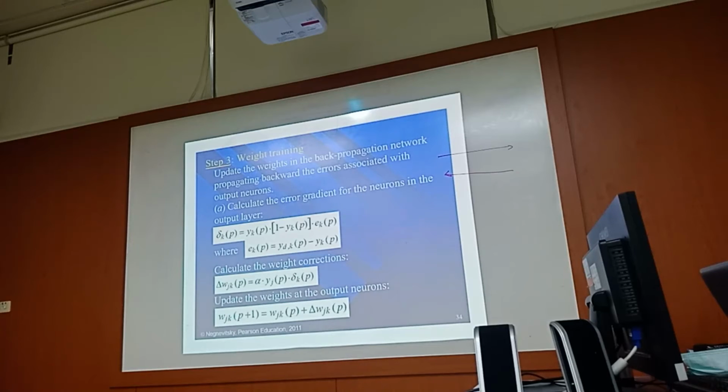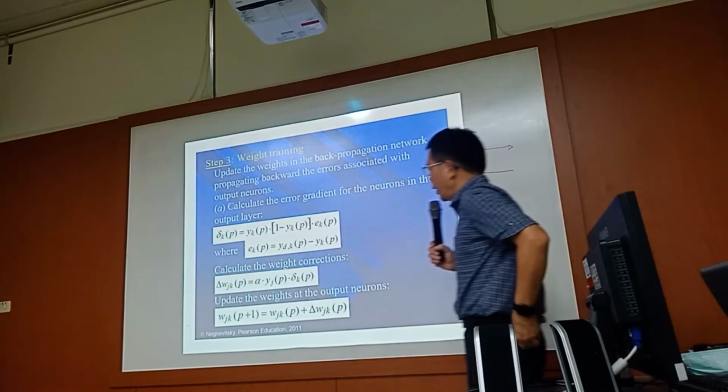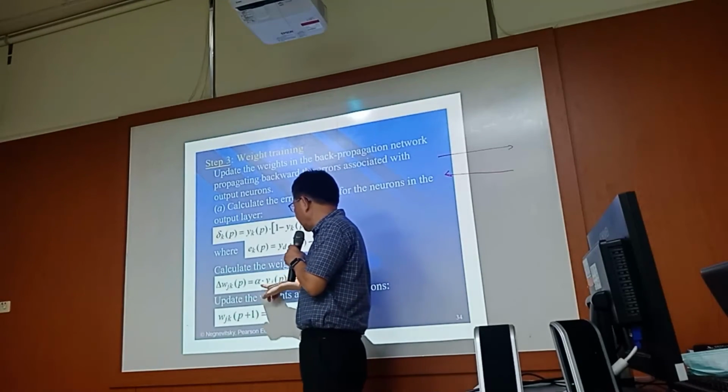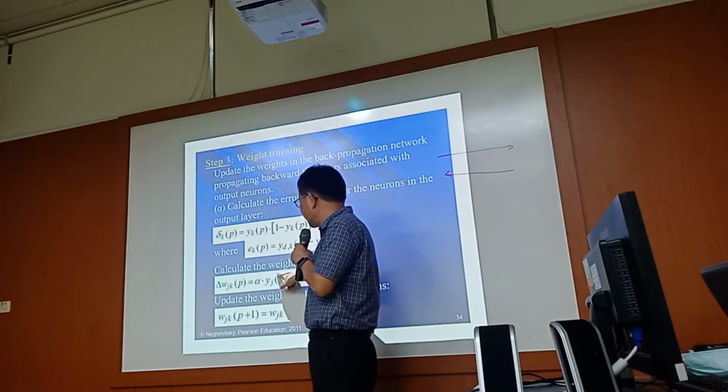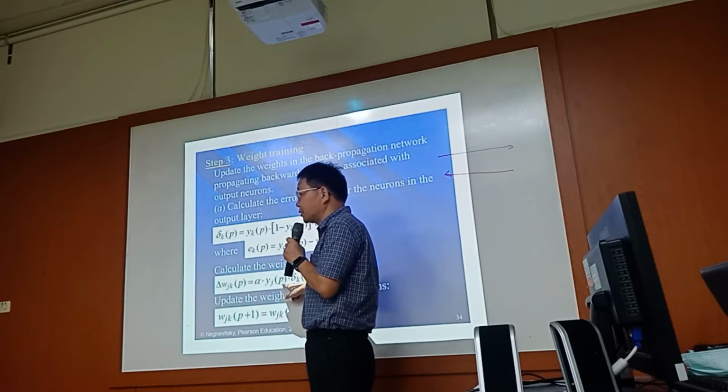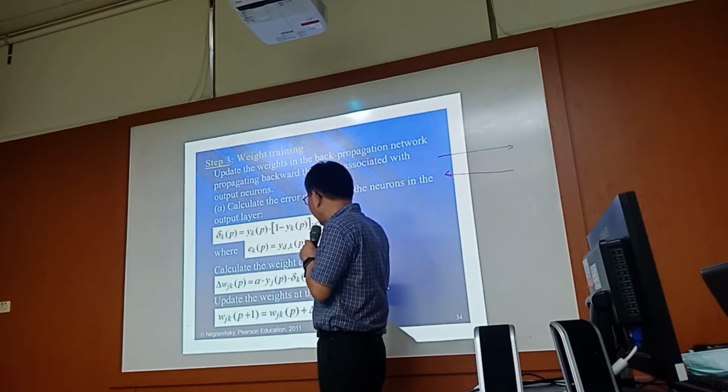And then we calculate the error for the neuron in the output. And then here we also calculate the delta of the weight, where yp here is the output node, and theta k.